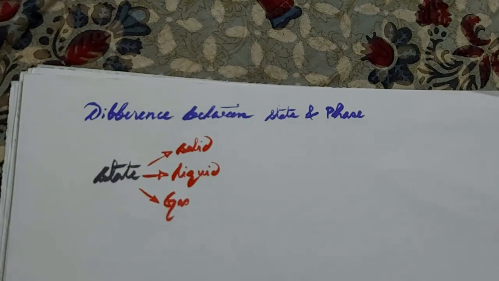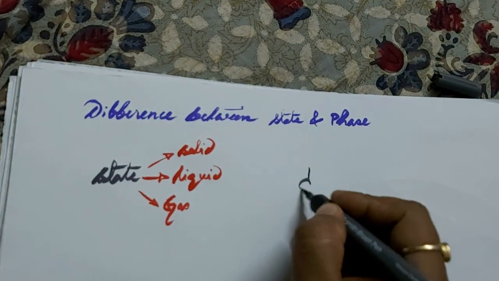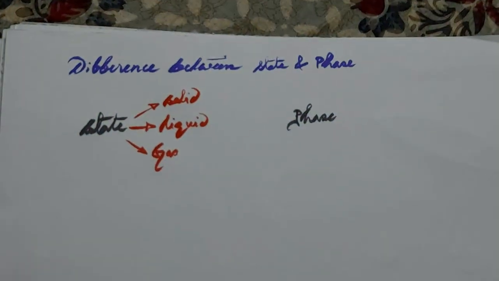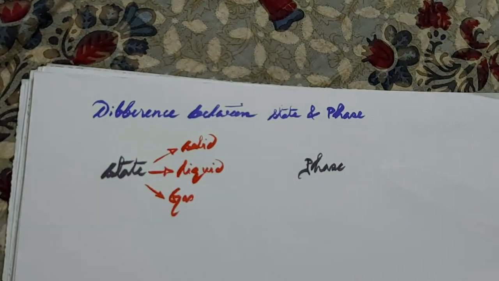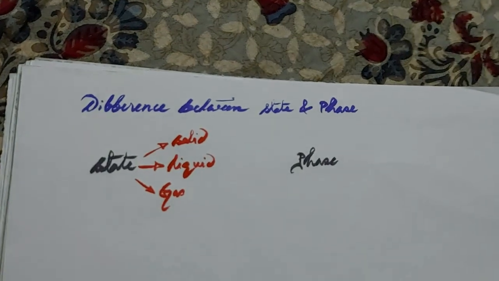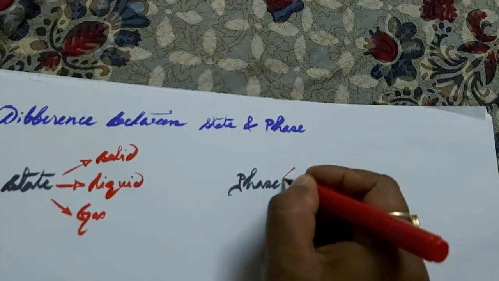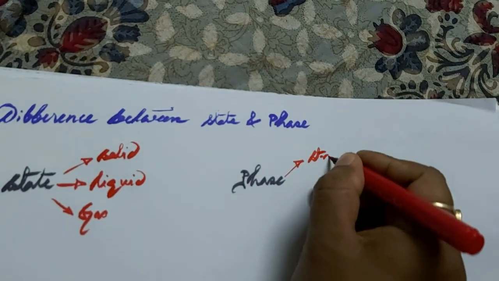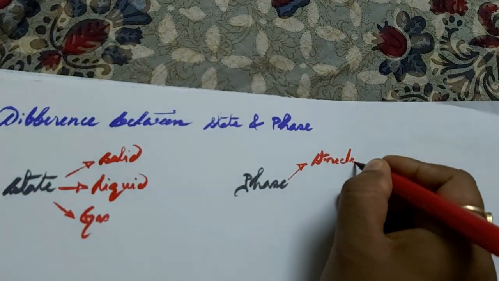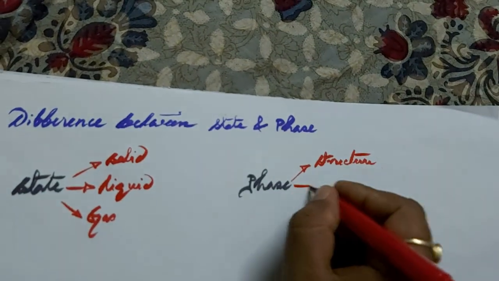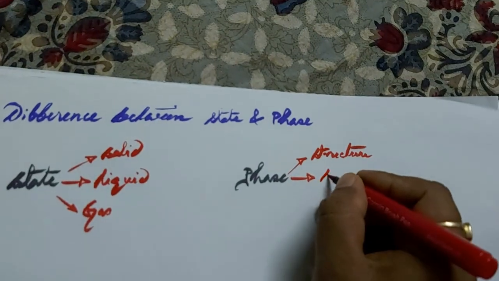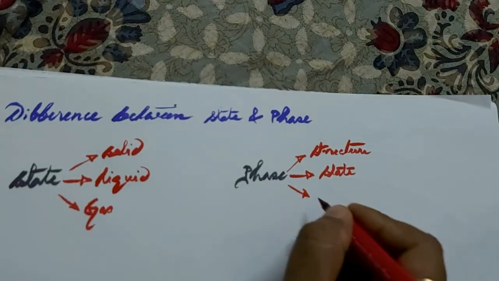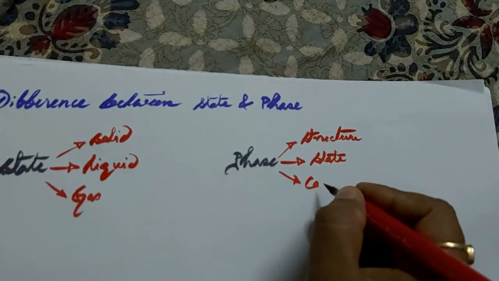And in case of phase, we can classify phase by considering three different factors, which are structure, state, and composition.